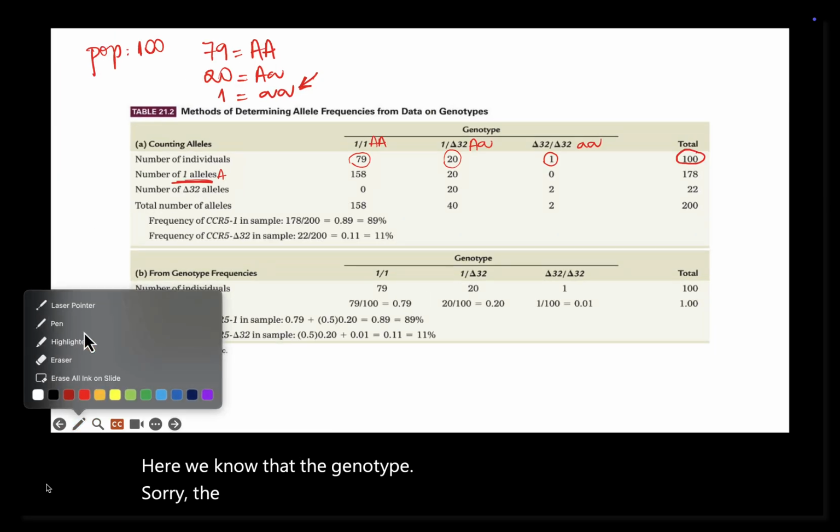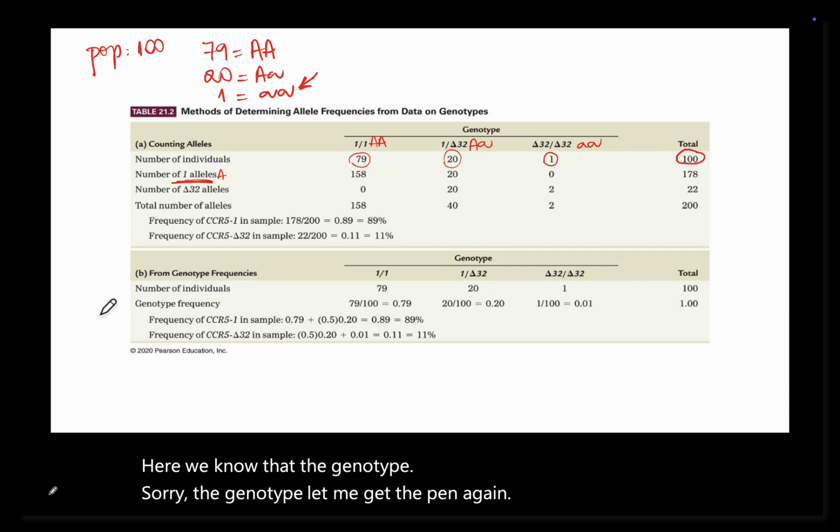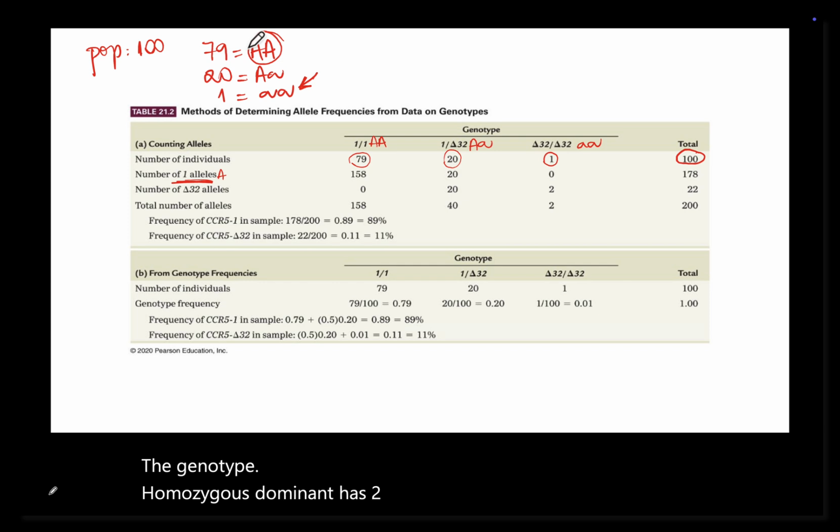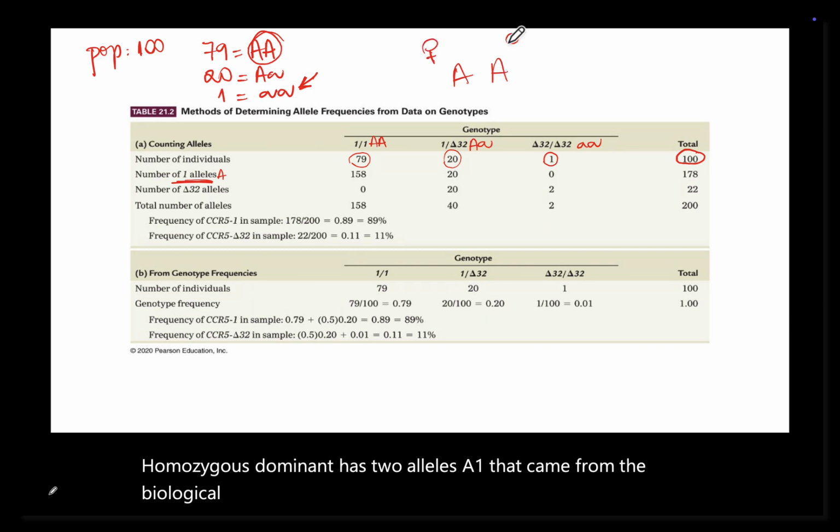Here we know that the genotype, let me get the pen again, that the genotype homozygous dominant has 2 alleles A, one that came from the biological mother and one that came from the biological father.